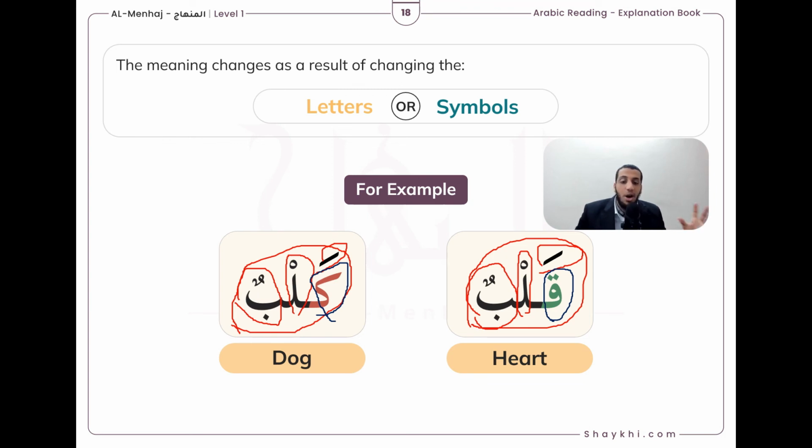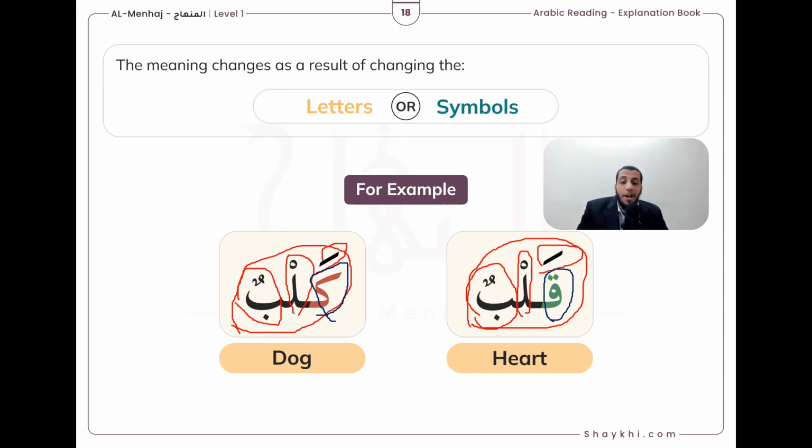Heart and dog, قلب and كلب: the only difference is the letters, and these letters are similar, but the difference between them is lightness and heaviness. And yet the meanings of these two words are not similar at all, heart and dog. Okay, so now we understand how changing just one letter changes the meaning.